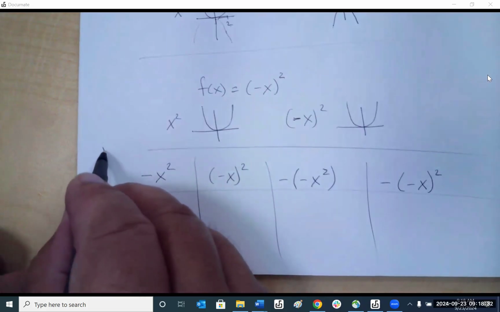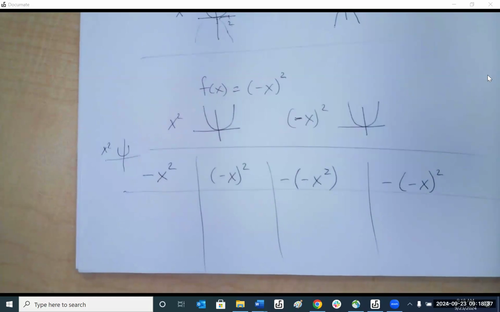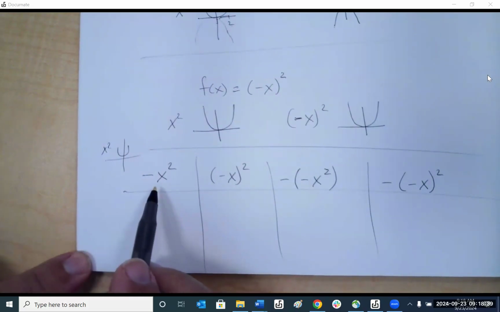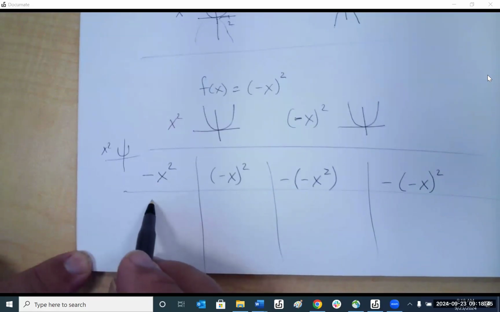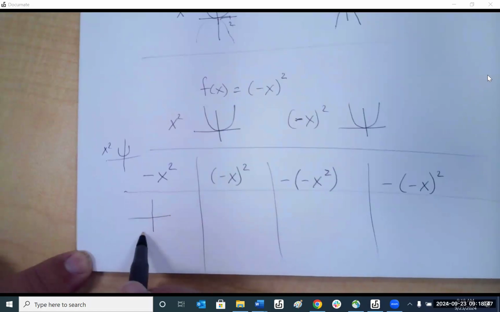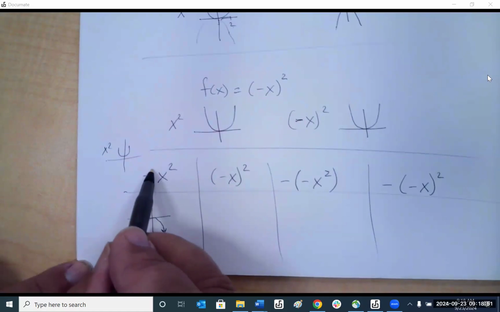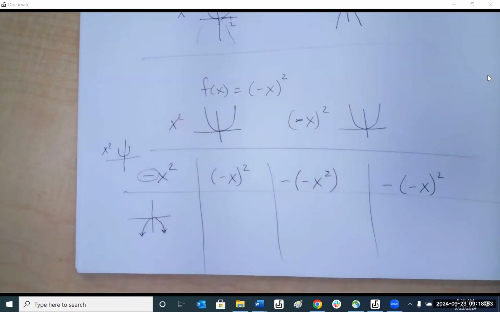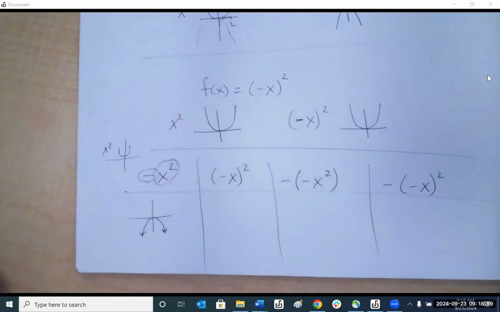We know the original function looks like this. What's this function going to look like? It's going down, because the leading coefficient is negative. And it's outside the function because we do this first and then we do that.